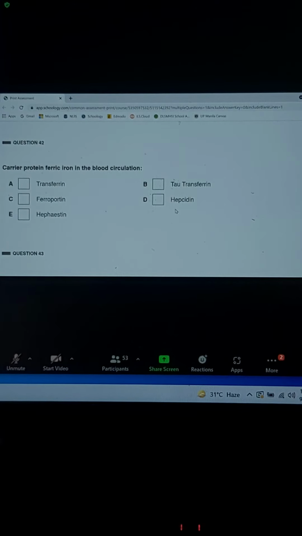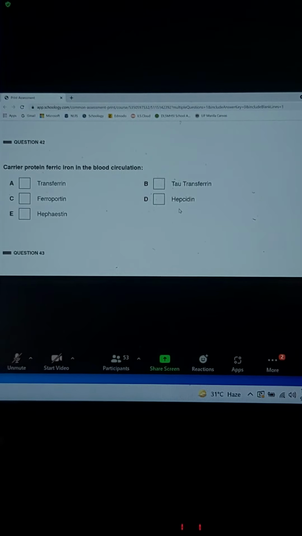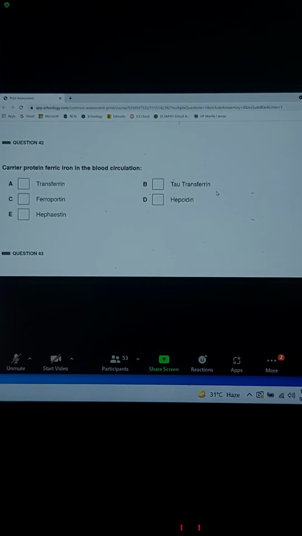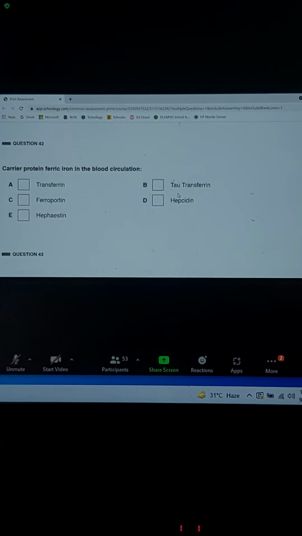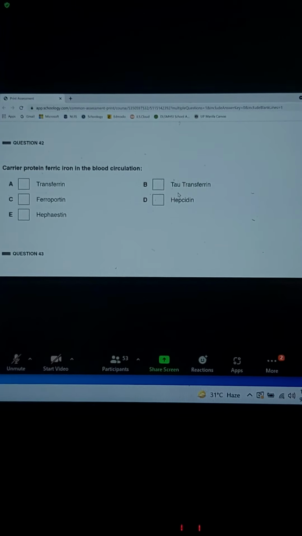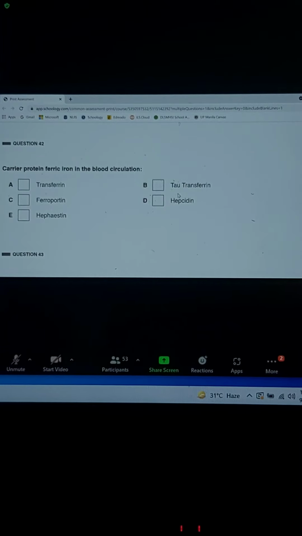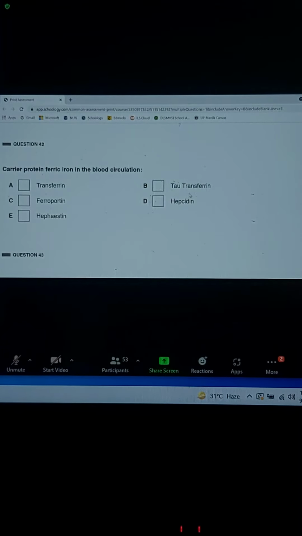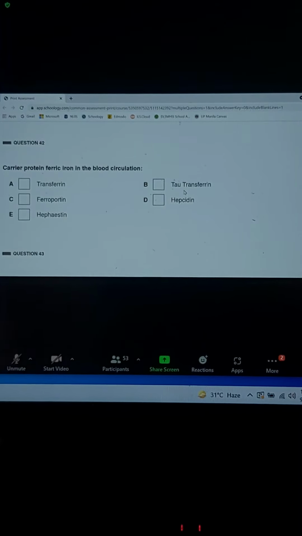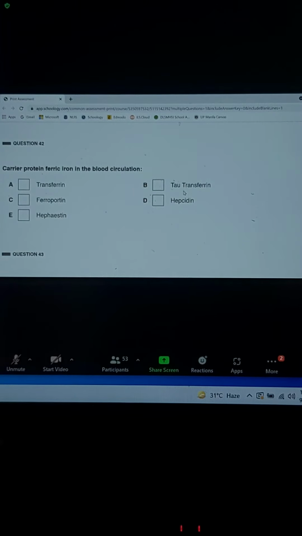Yung letter B, yung tau transferrin, saan siya makikita? Have you encountered this before? Sa CSF po ba? Okay, sa CSF. Okay, so di ba, isa to sa mga markers natin na ang specimen ay CSF, tau transferrin.